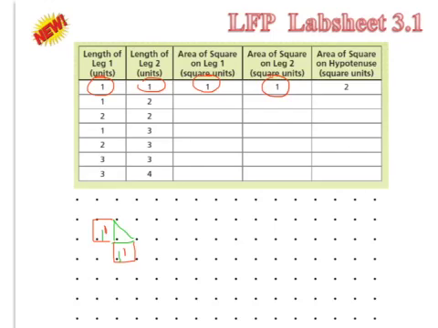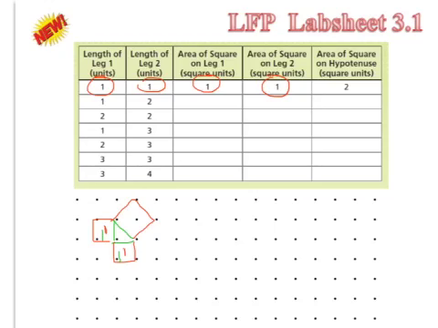Now the harder part is to find the area of the square of the hypotenuse. So we'll draw a square that has the same length of each side as the hypotenuse of our triangle. And then we need to find the area of that square. You may remember from previous lessons that it's difficult to find the area of a square on a tilt like that. But we can break it into smaller pieces and find the area of each piece.